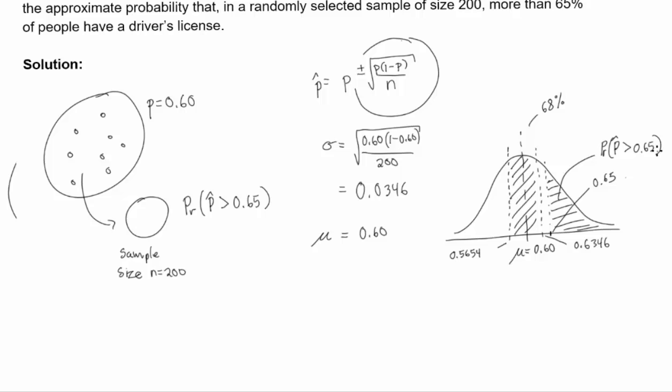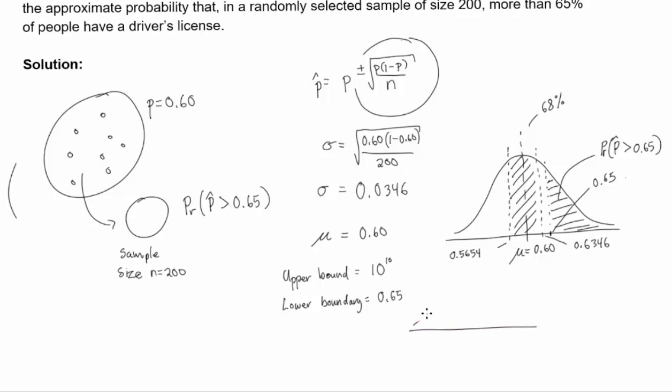And in a graphics calculator, you would enter the standard deviation, 0.0346, and the mean, which is 0.60. You would enter an upper bound, being a very large number, say 10 to the 10, and a lower boundary equal to 0.65.